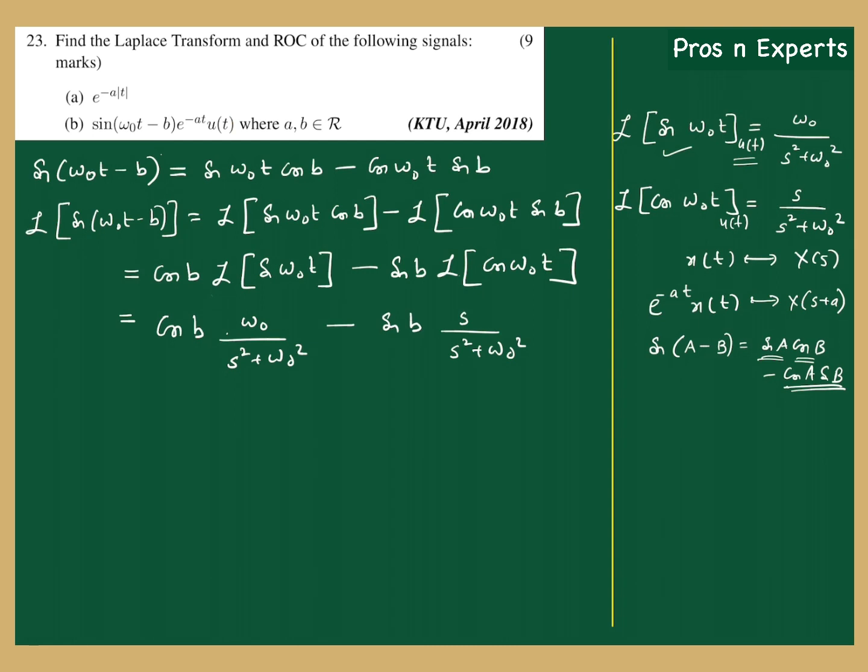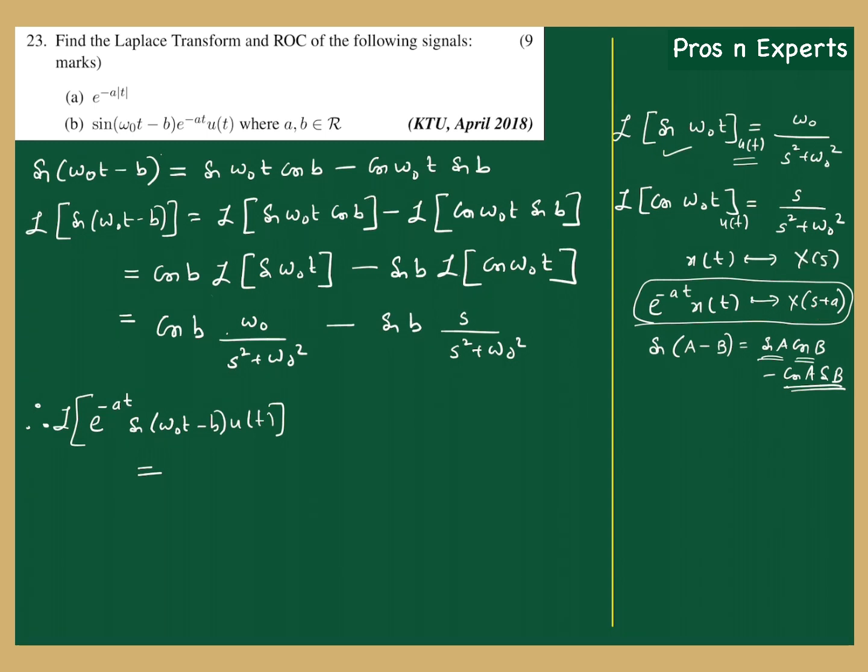Therefore, now using this property, we can conclude that Laplace transform of e raised to minus at into sin omega 0 t minus b u of t will be equal to, what difference does it make? You can see that if you are multiplying e raised to minus at with the signal, then the original Laplace transform x of s becomes x of s plus a.